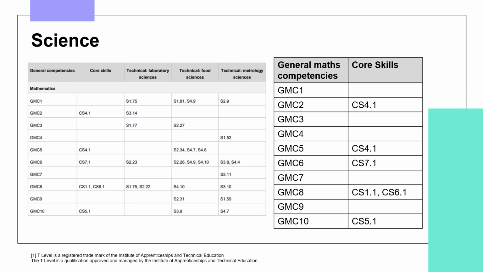For science, they are embedded in core skill 1 on project management, such as financial forecasting, taking into account resource requirements, and using mathematical processes to support forecasting.